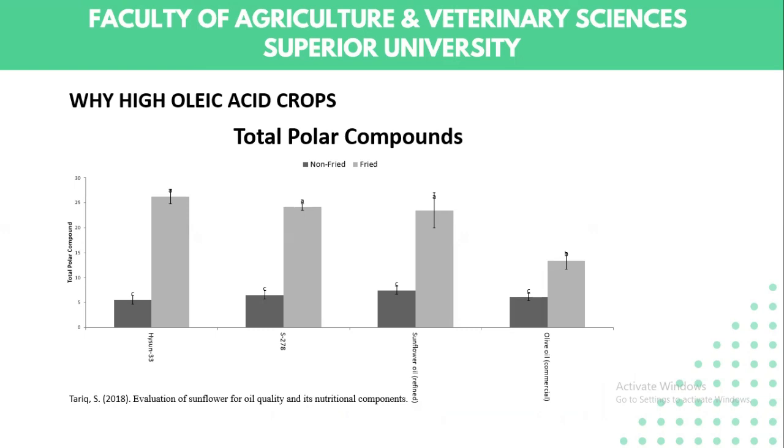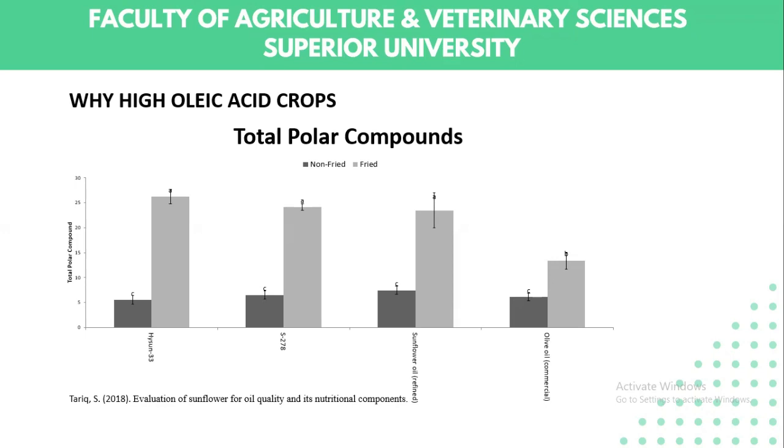Hyson 33 is a sunflower oil. And you could see here there is a very high increase in the total polar compounds. The more total polar compounds you have, the lesser oxidative stability you have.